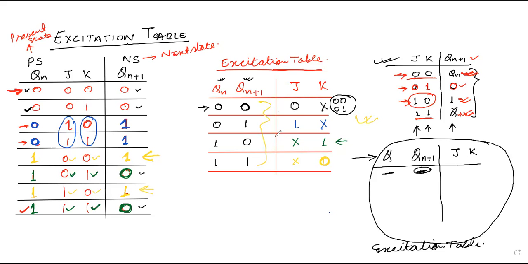In this way you can get the excitation table for all of the flip-flops, like D, T, JK, SR.